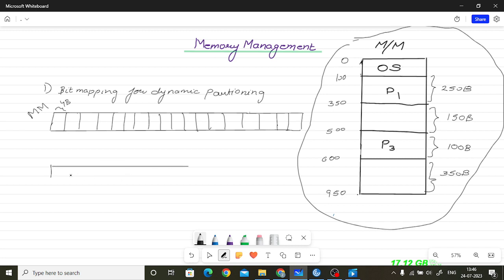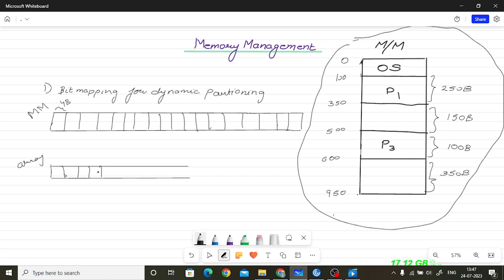This array is going to represent which part of the main memory is free and which part is allocated to a process. Each 1 bit cell of the array will represent one allocation unit.